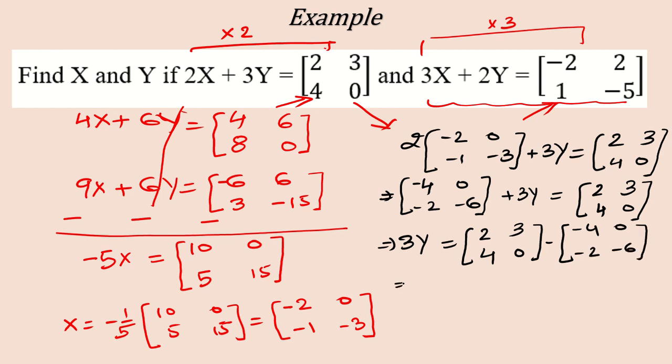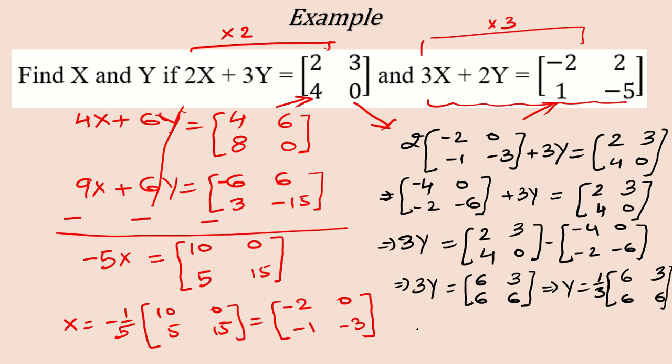Now 3y equals, see, 2 minus minus 4 means 6, 3 minus 0 means 3, 4 minus minus 2 means 6, and 0 minus minus 6 means 6. So y will be equal to 1 over 3 times 6, 3, 6, 6.